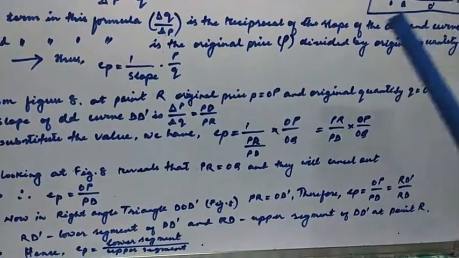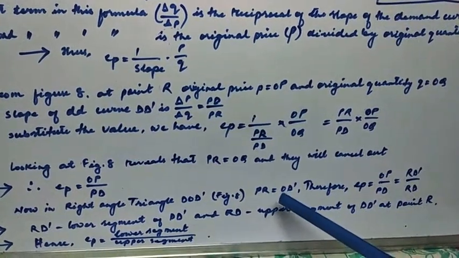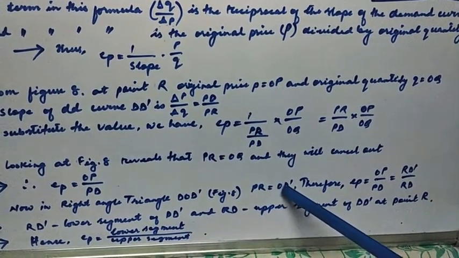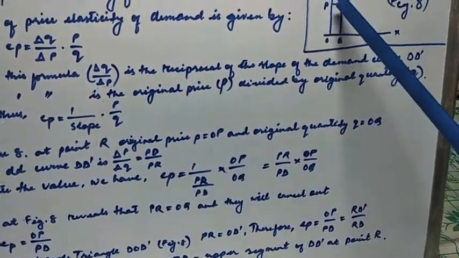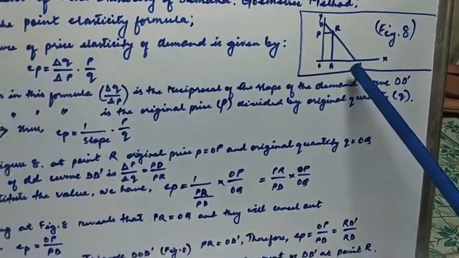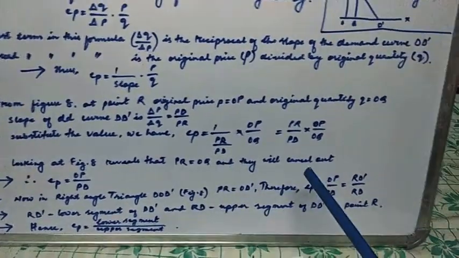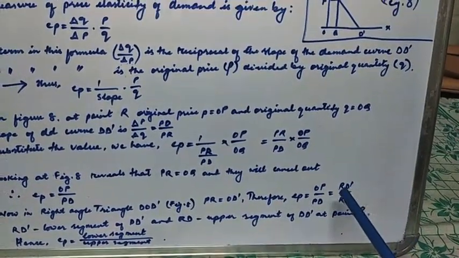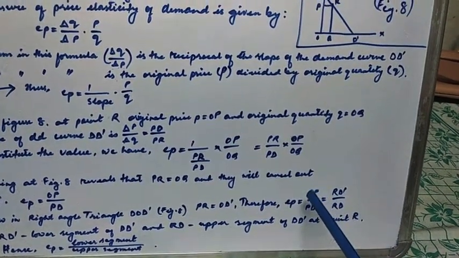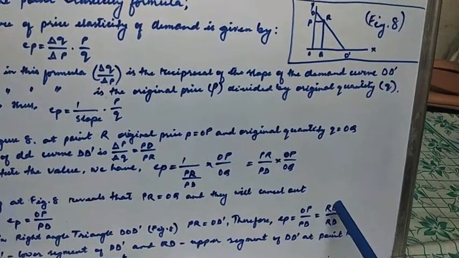As I have said, when PR is parallel to OD', we can rewrite OP over PD as RD' and then RD. So when PR is parallel to OD', OP equals RD'.